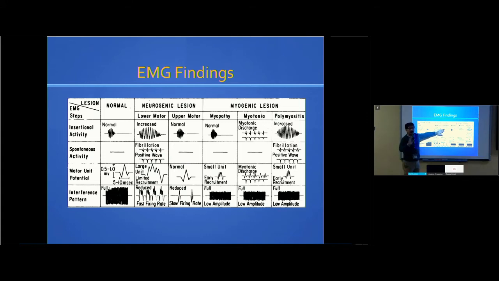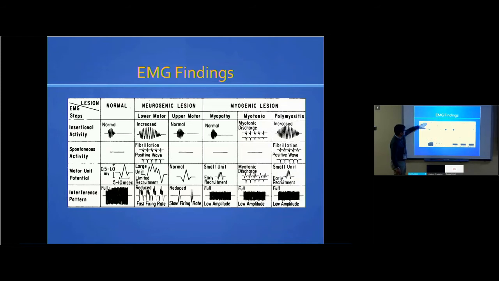In upper motor neuron disease, say somebody has weakness from stroke or spinal cord injury, it remains the same. In a non-inflammatory myopathy, the fibers are not breaking, so it remains the same, but otherwise you will see other abnormalities. In polymyositis, or myositis of any kind, it is increased.